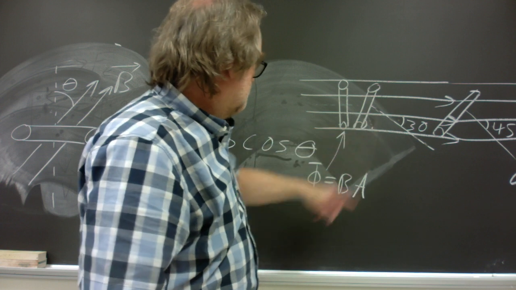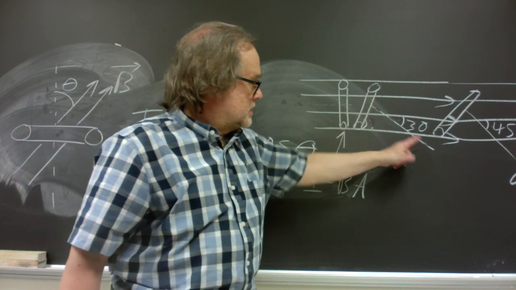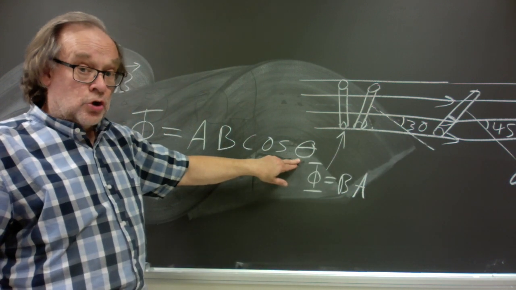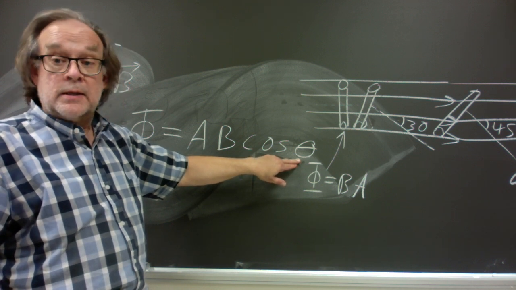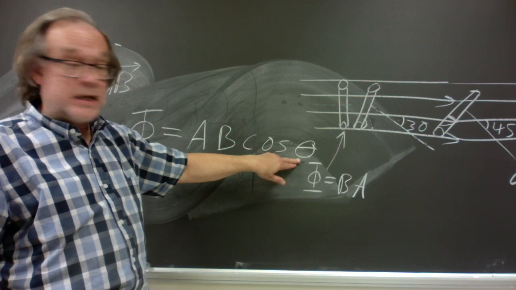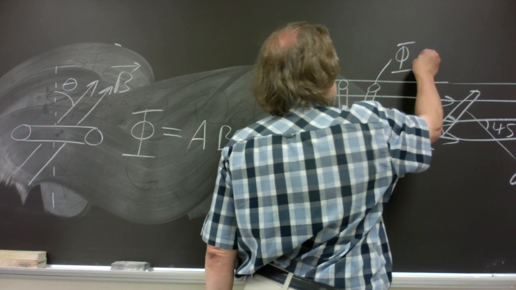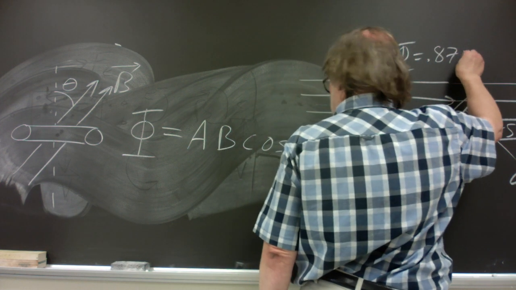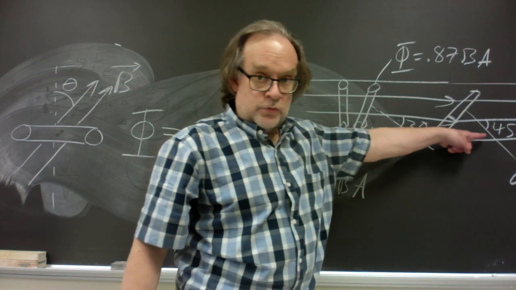It's just field strength times area. And here, now, the angle between axis and field direction is 30 degrees. So we have cosine of 30 degrees, which is about 0.87. So the flux here is equal to 87% of B times A. And then here the angle is 45 degrees.